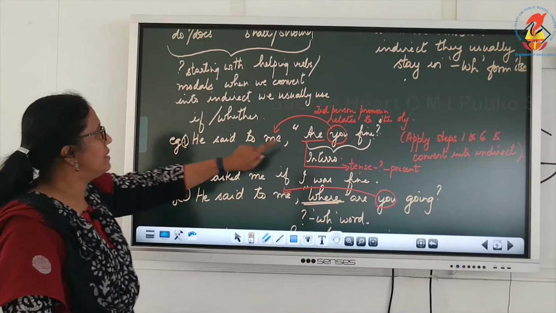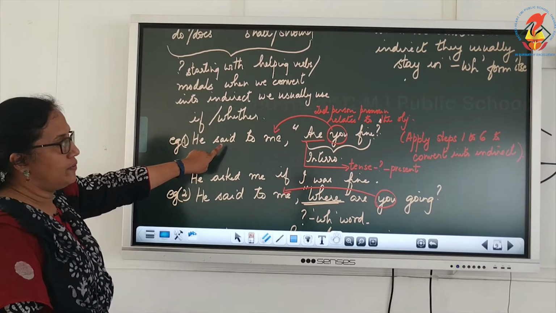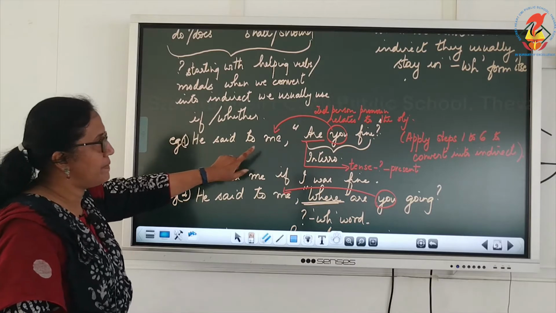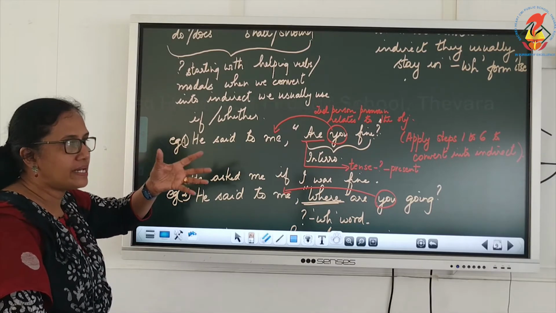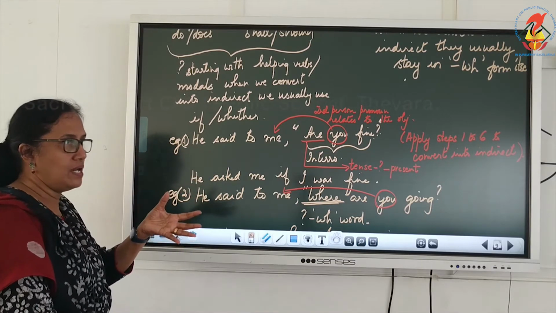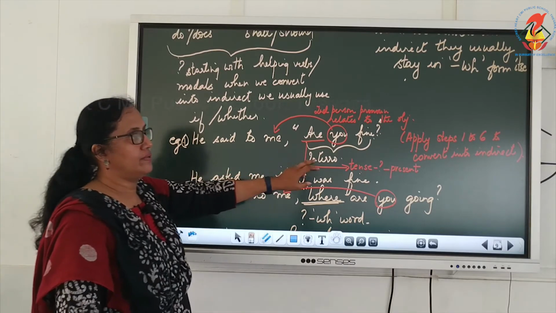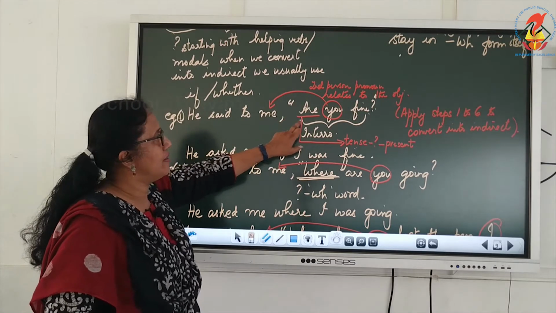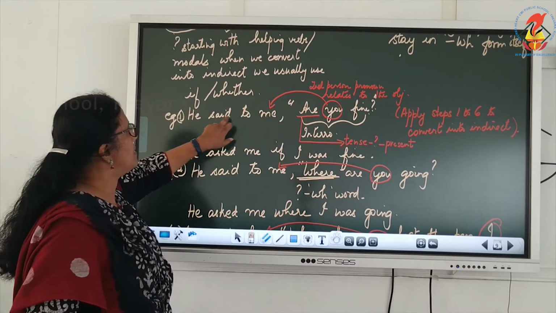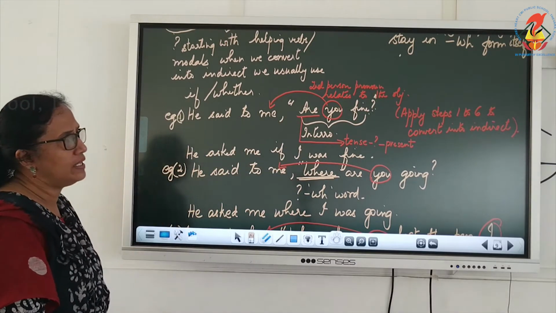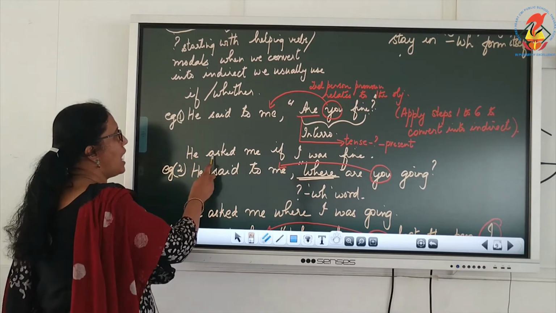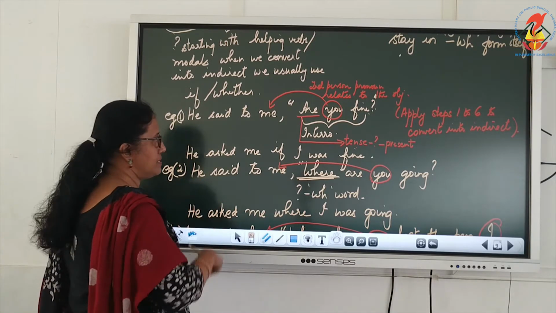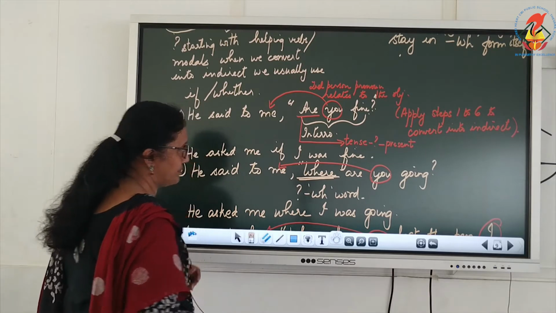Then, we have to pick out the reporting verb and replace it with suitable words that will go with the interrogative form. So, he asked me, are you fine? Instead of said to me, you can say he asked me. So, second step done.